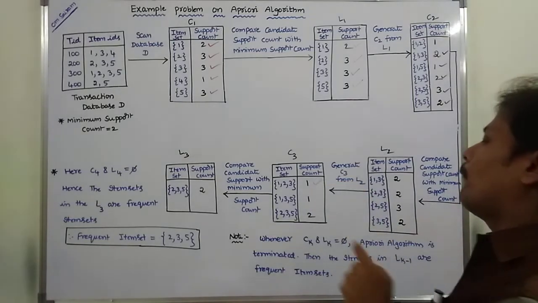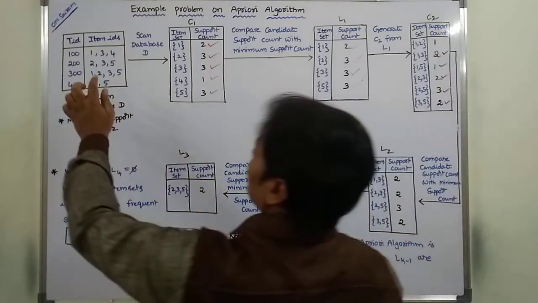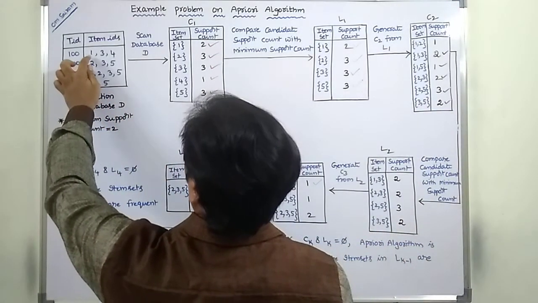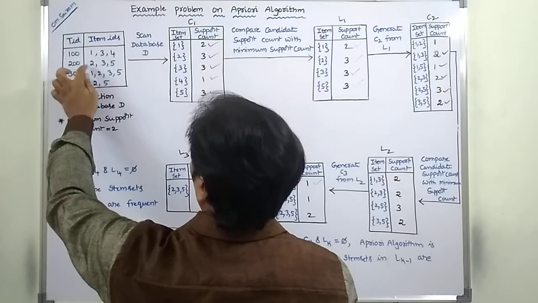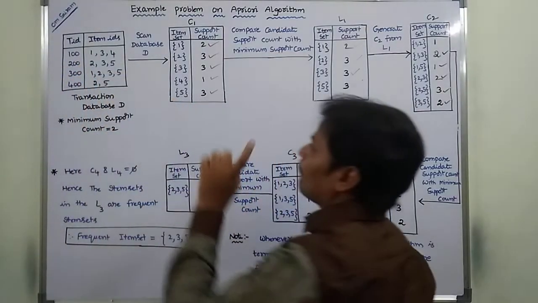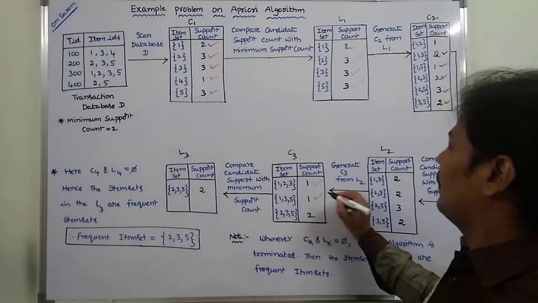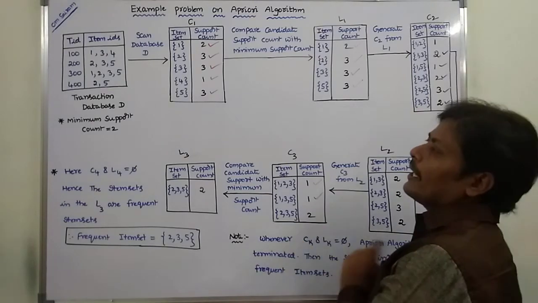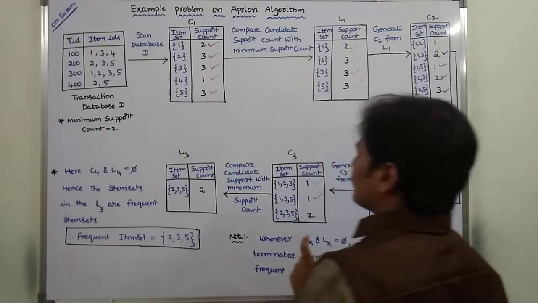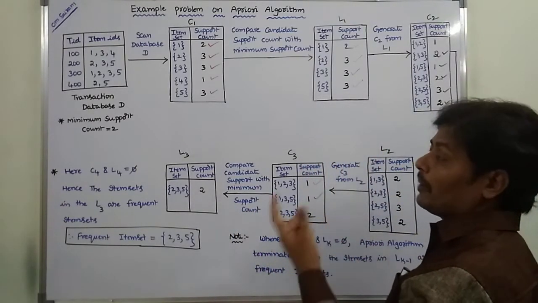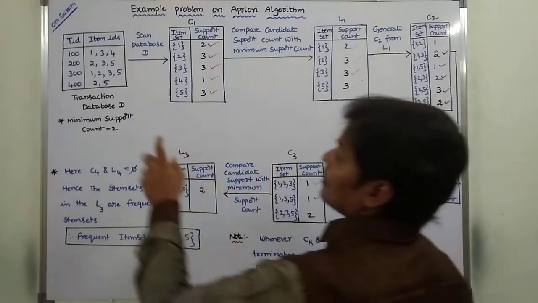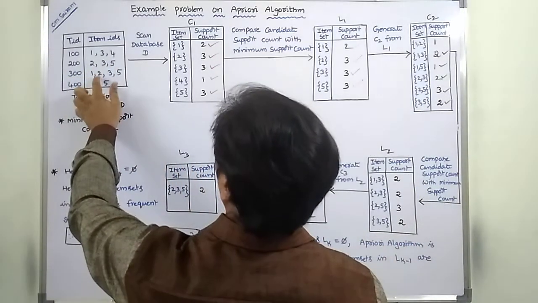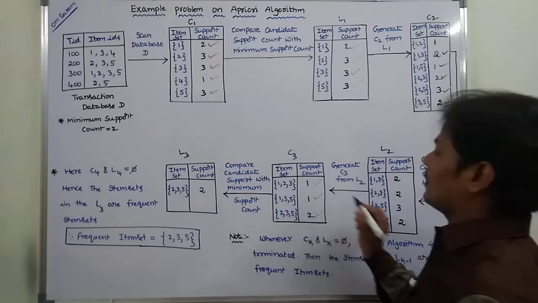Next one, 1, 3, 5. Only one time it is present. Next, 2, 3, 5. How many times are 2, 3, 5 purchased together? One time, two times. So 2 times.